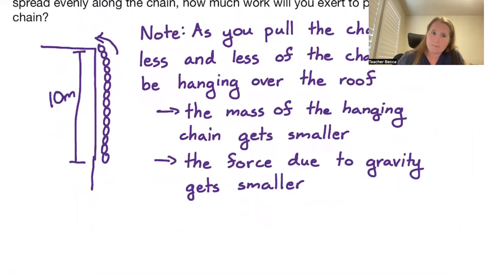Let's go ahead. I'm going to put my zero mark at the end of the chain when it's hanging 10 meters below. Then x will be the distance between the original location and the new bottom of the chain.